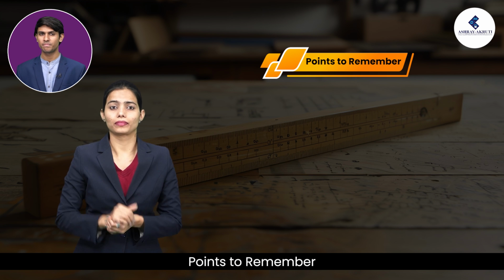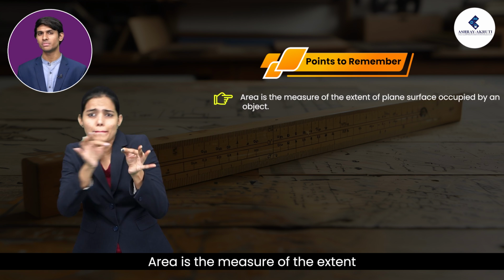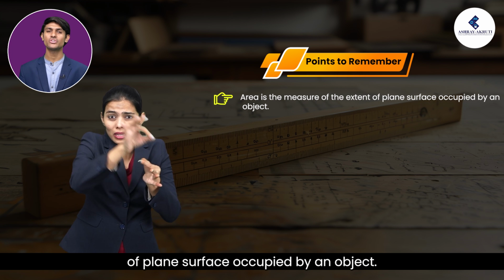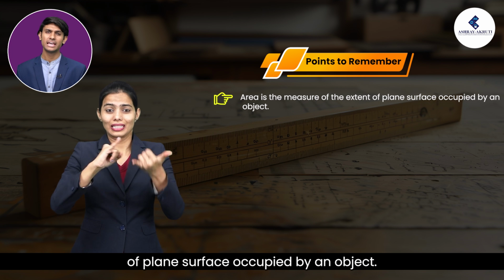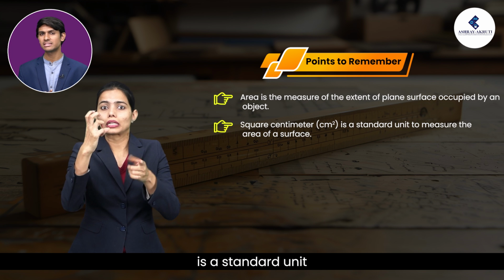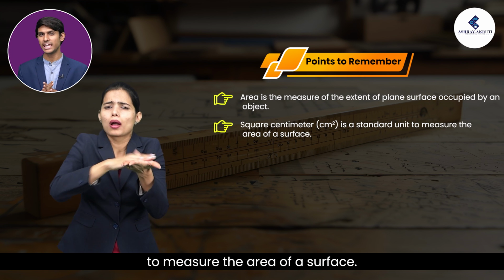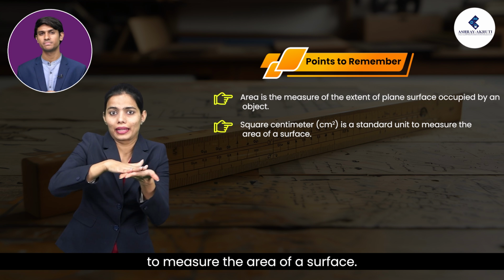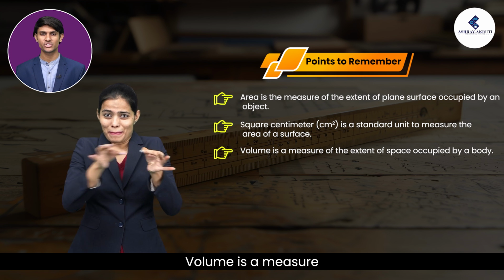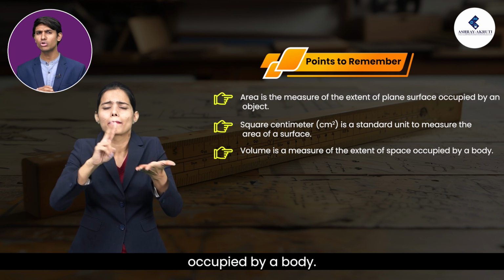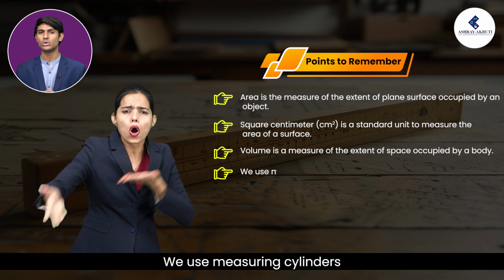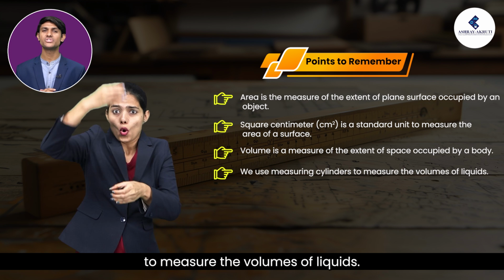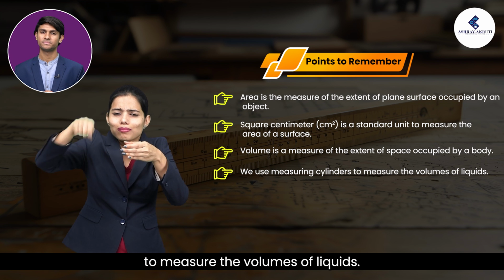Points to remember. Area is a measure of the extent of plane surface occupied by an object. Square centimeter is a standard unit to measure the area of a surface. Volume is a measure of the extent of space occupied by a body. We use measuring cylinders to measure the volumes of liquids.